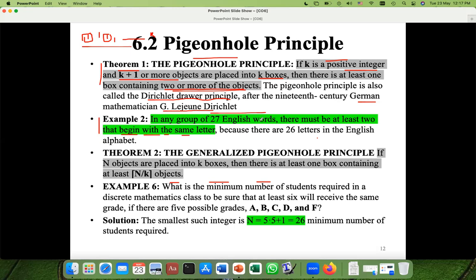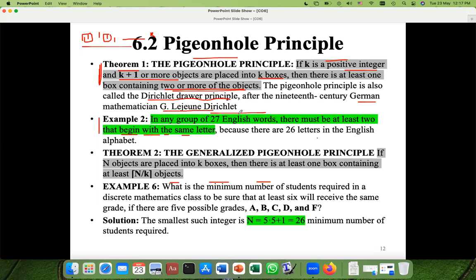So if you have 27 English words, then by using this theorem, you know that 26 is the size of the English alphabet.